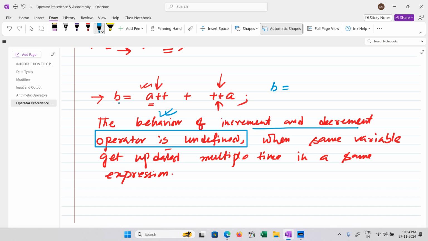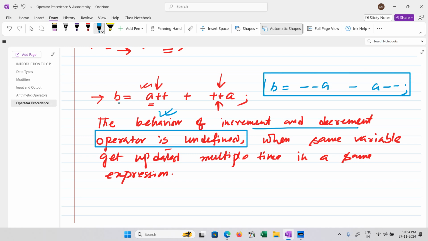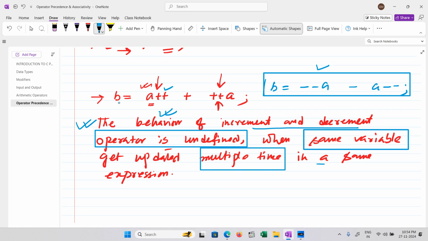So here we cannot predict the answer, because C doesn't define the order of execution for increment and decrement operators when applied over the same variable multiple times in the same expression. Remember this very important concept.